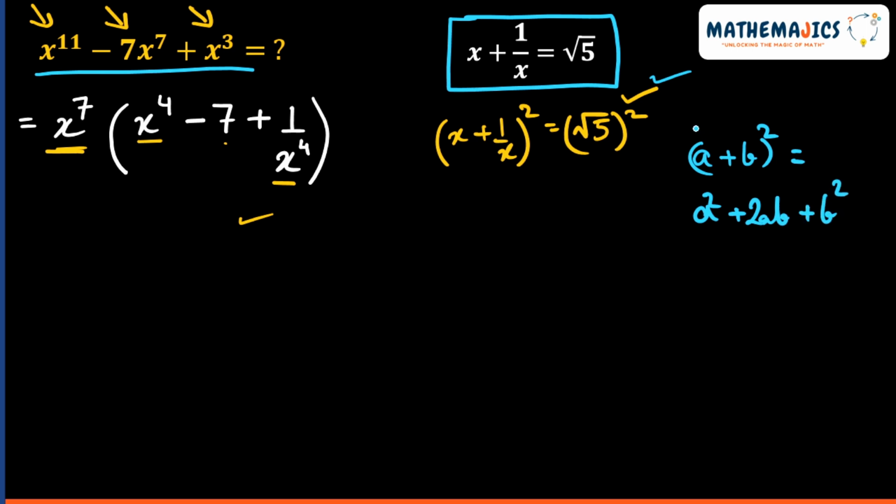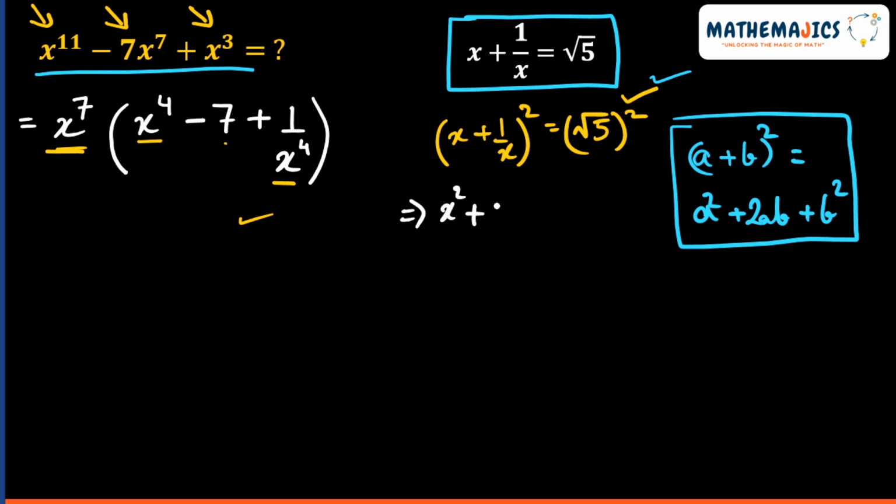Now let's square both the sides using this algebraic identity. We will get x square plus 2 plus 1 by x square is equal to 5. If we solve this further, we will get x square plus 1 by x square is equal to 3.